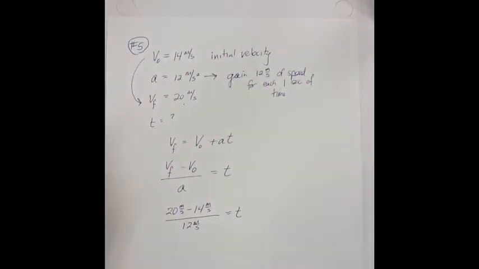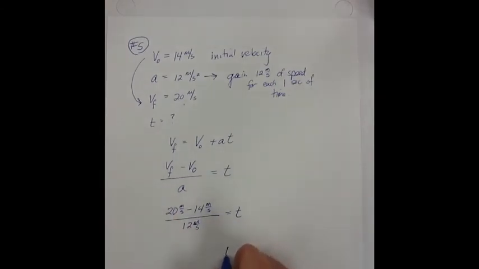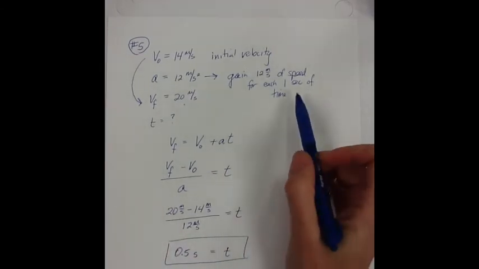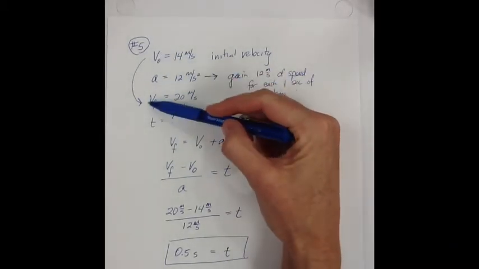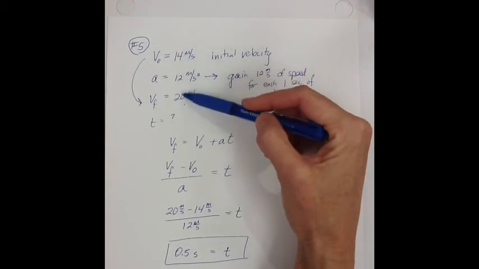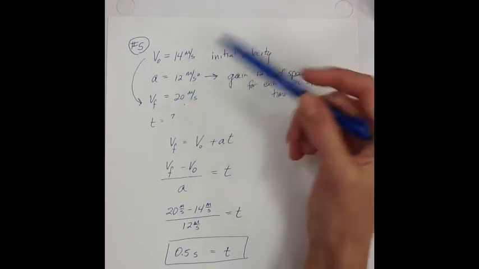Now, does that make sense to what we just said a moment ago, as to gaining 12 meters per second of speed for every 1 second of time? Well, how much speed did we gain? Didn't we only gain 6 meters per second?